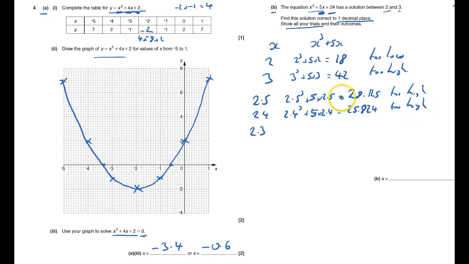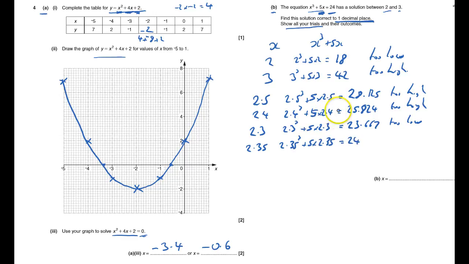Let's try 2.3. So 2.3 cubed plus 5 times 2.3 is 23.667. That's now too low. So it's got to be either 2.3 or 2.4, because it says give the value of x to one decimal place. Technically what I should do now is try bang in the middle of it. And I get 2.35 cubed plus 5 times 2.35.